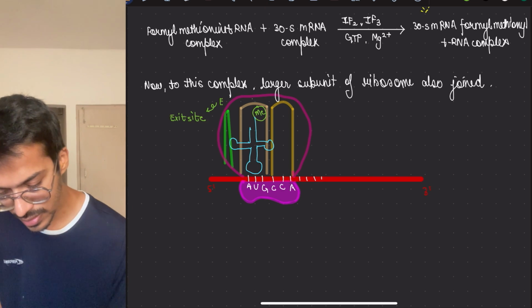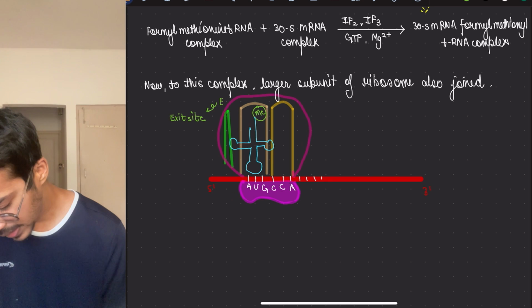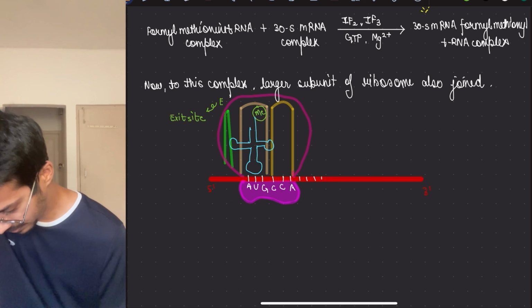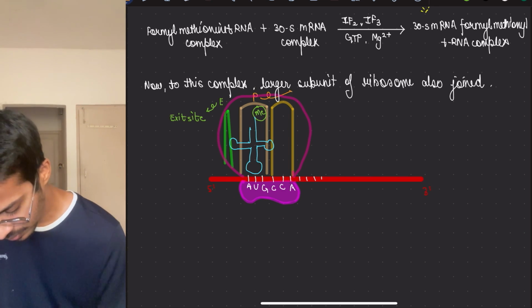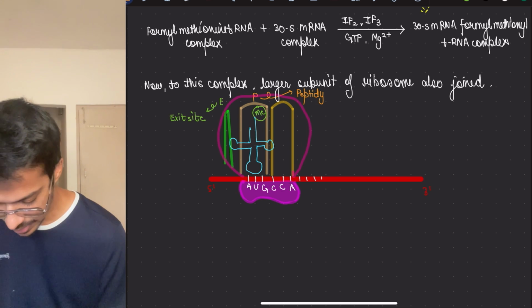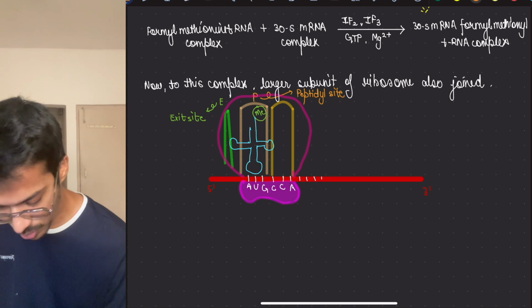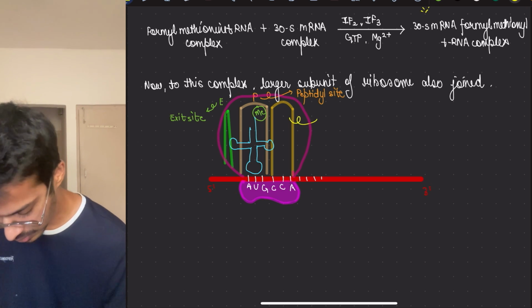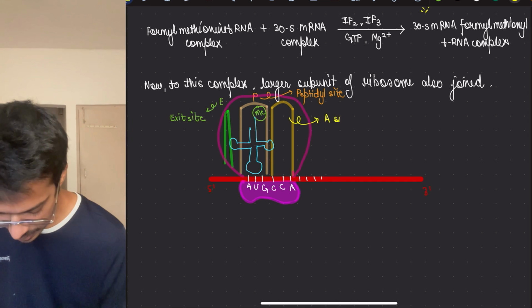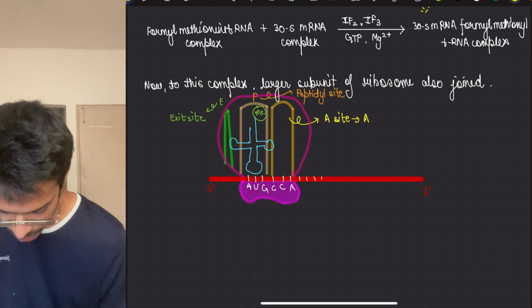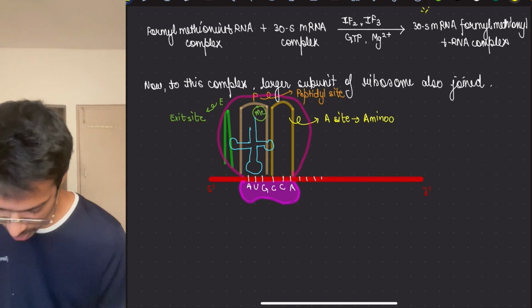This site is called P site, peptidyl site, and the last one, this is A site, which is known as aminoacyl site.